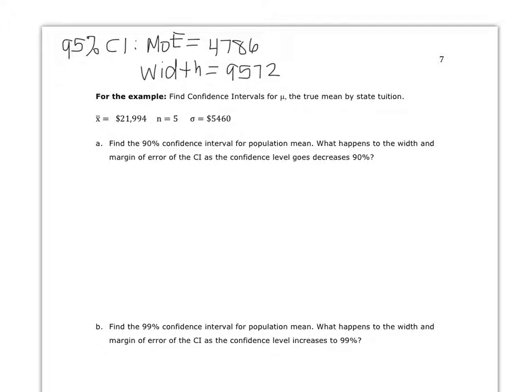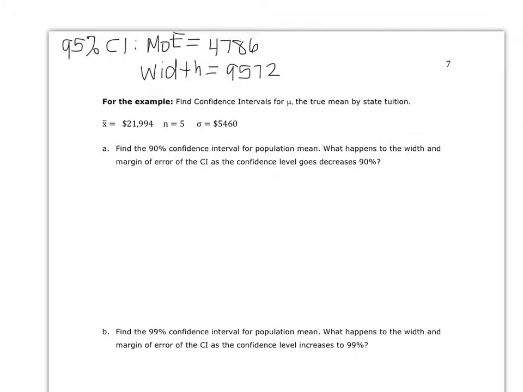So writing down what this confidence interval is going to look like. We've got 90% now, so we're going to have x bar plus or minus, now we're going to use 1.645 instead of that 1.96 times sigma over square root n.